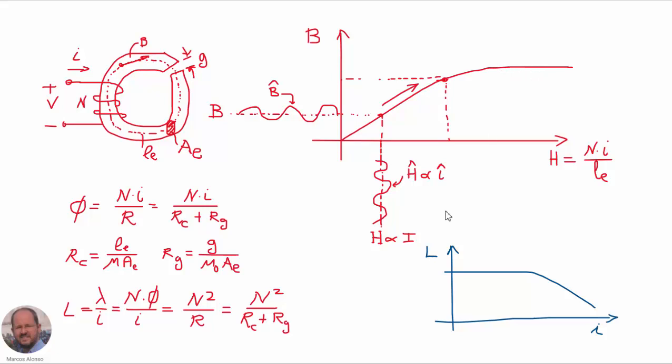In this case, we know that the inductance is going to decrease because we have seen many times these curves in the manufacturer's datasheets in which they are showing the inductance as a function of the current, and we know that we have a range here with constant inductance, but when we increase the current and go close to the saturation region, the inductance is going to decrease.